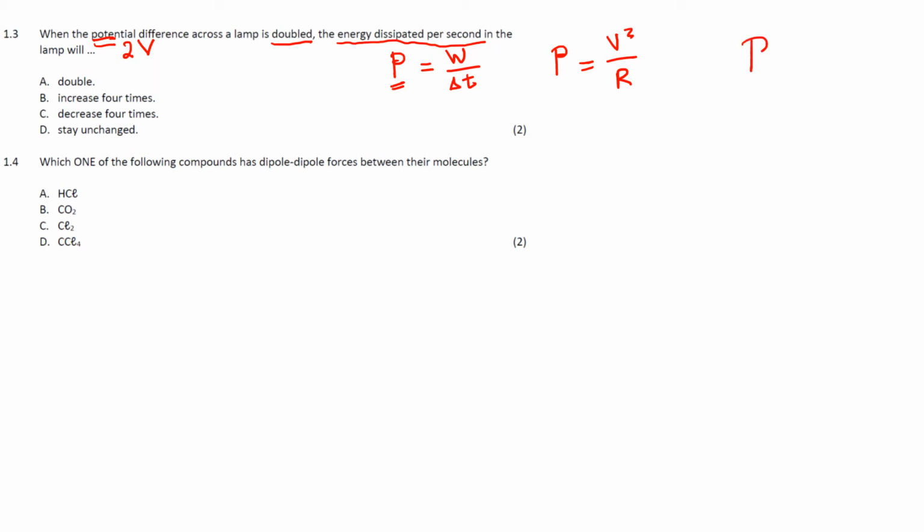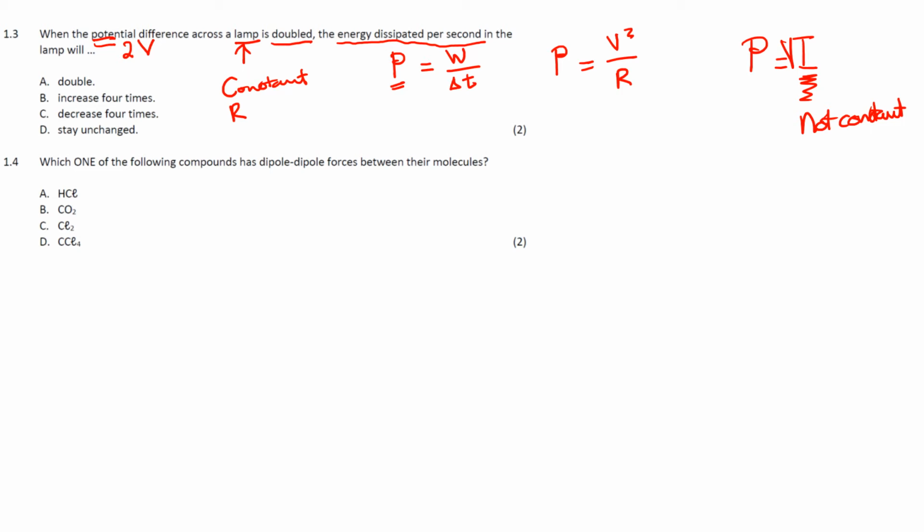You could say, but why don't you use power is VI? Because the current is not constant if you change the potential difference, but the lamp will have a constant resistance, or the same resistance, should I rather say.